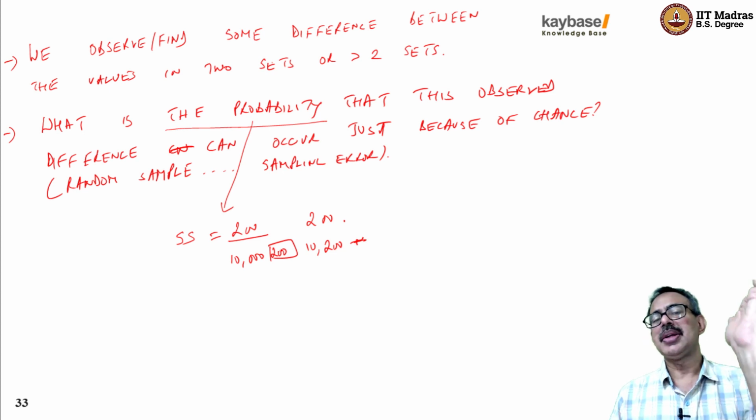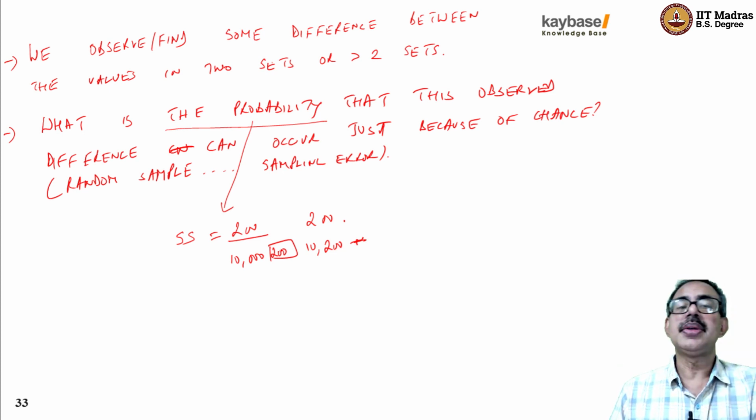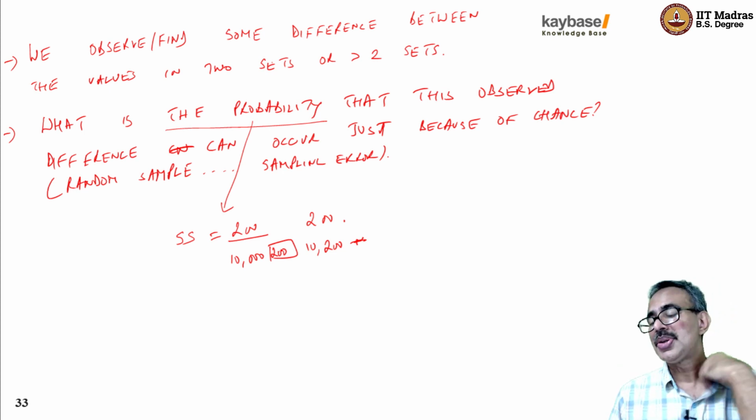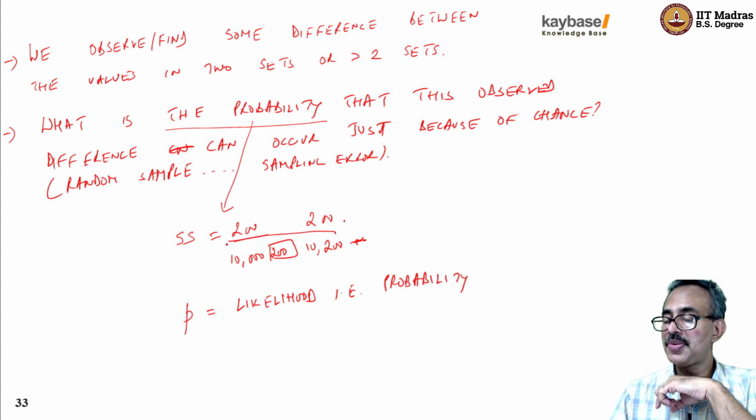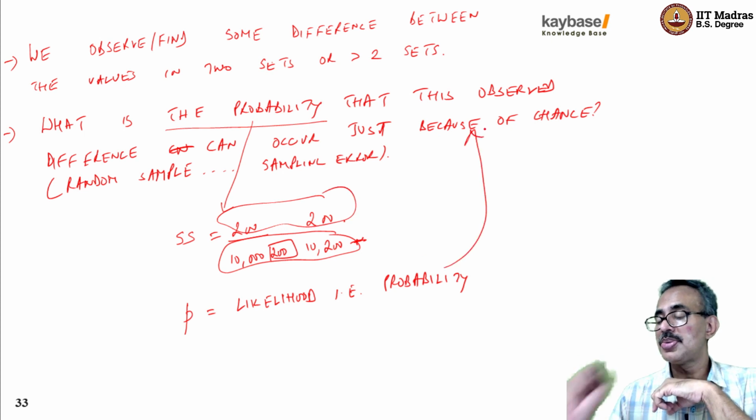It calculates something called variance. It calculates various things, and then it gives us a figure P, the probability that this combination of figures given the sample size can occur only because of chance.